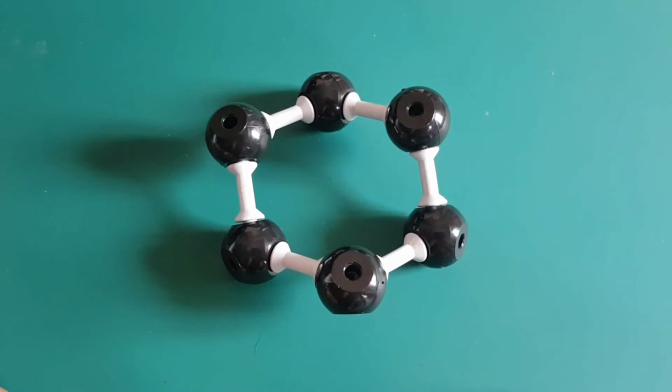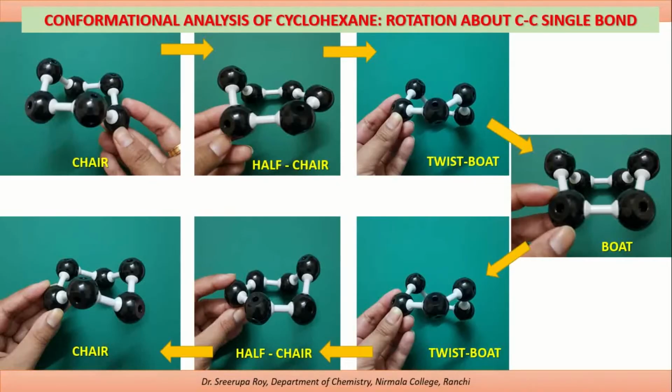The remaining two are regarded as conformations, but they are not conformers. So far, the conformational analysis of cyclohexane that we studied by rotating the carbon-carbon single bonds can be summarized as follows.